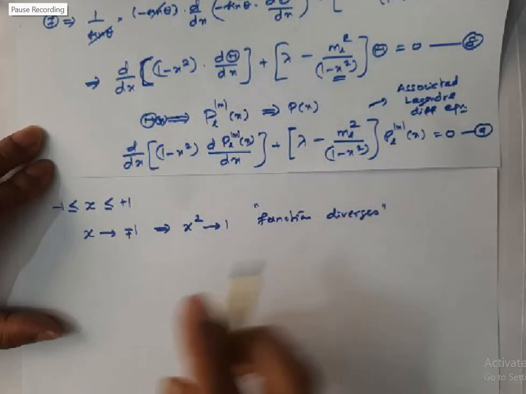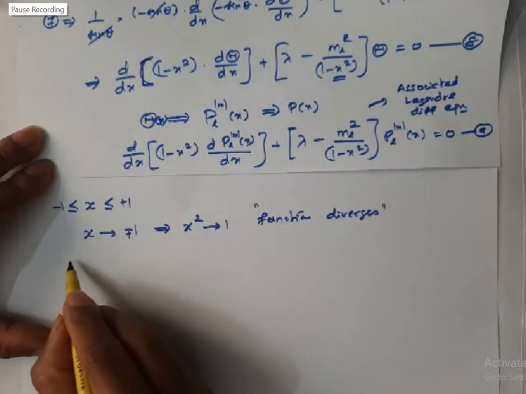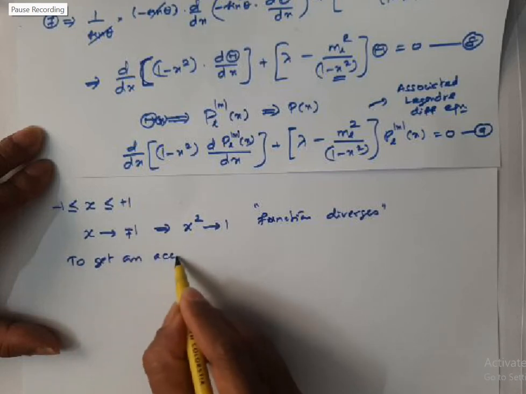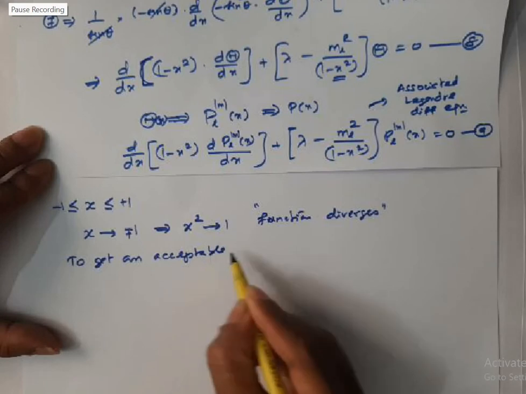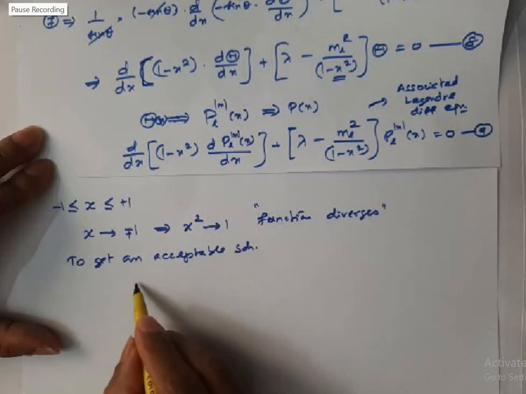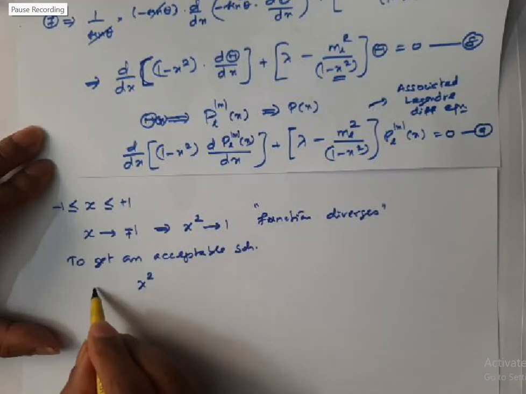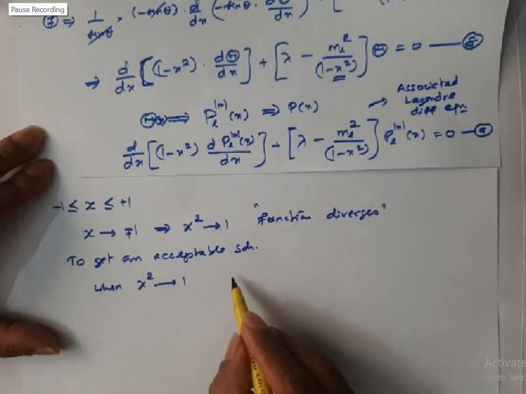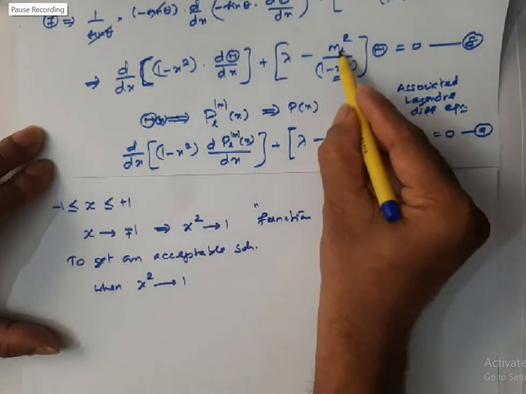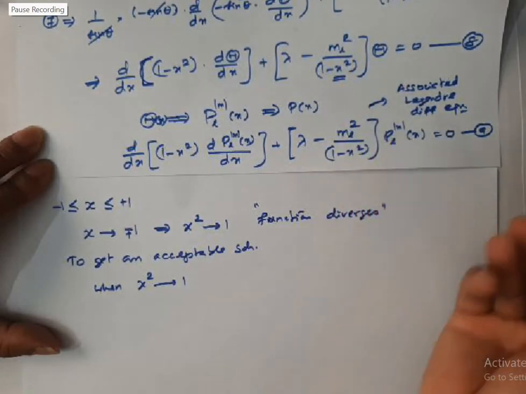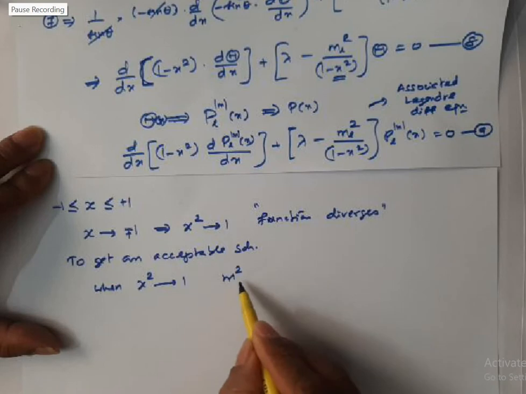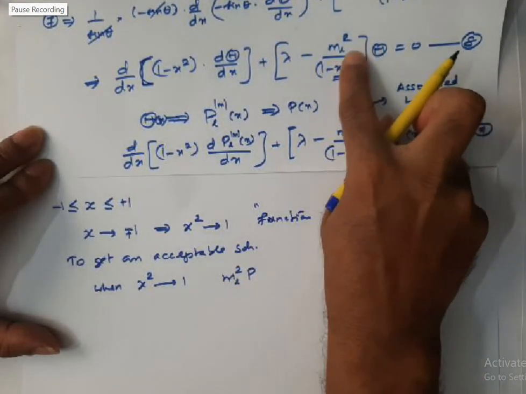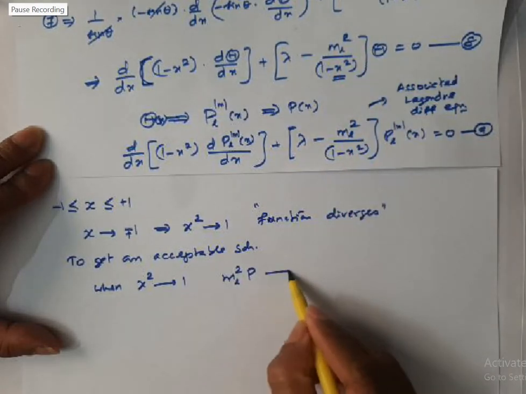So to avoid this trouble, to get an acceptable solution, what we should do is, when x square approaches 1, we should make this term, that is ml square into theta, or in the place of theta I'll put p, so ml square into p, approach 0.